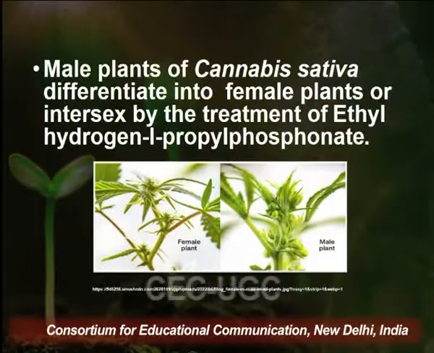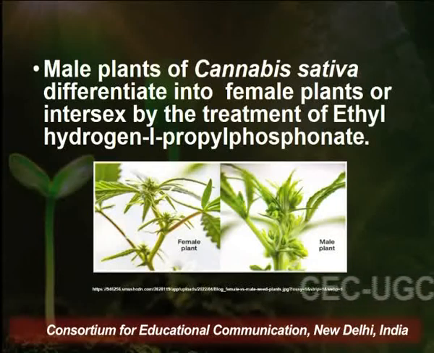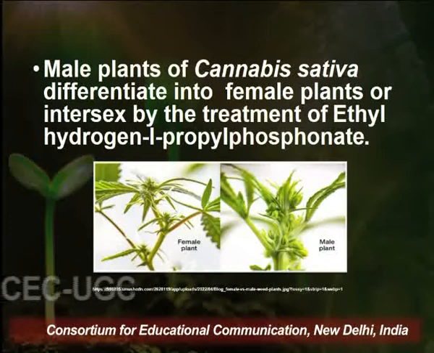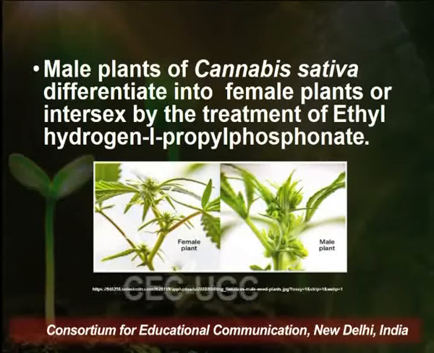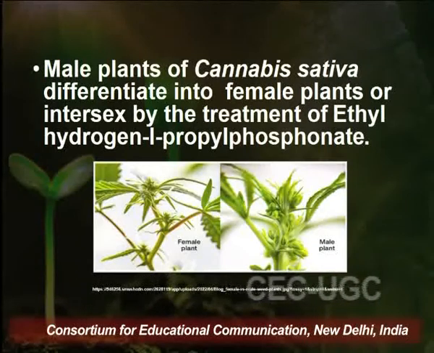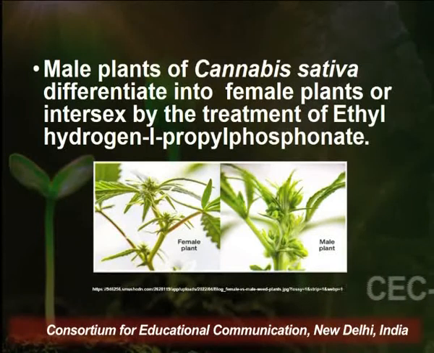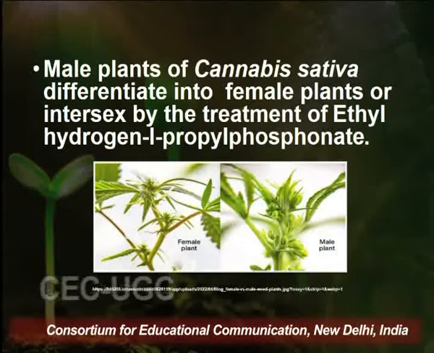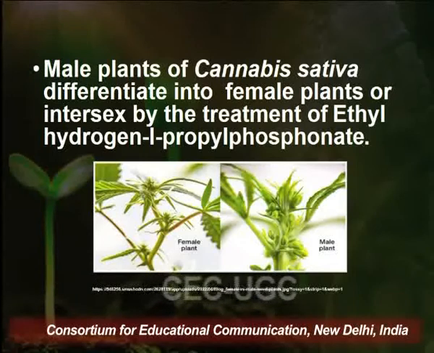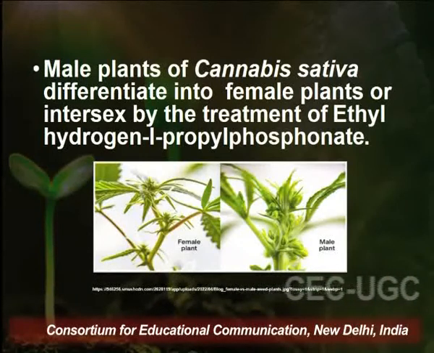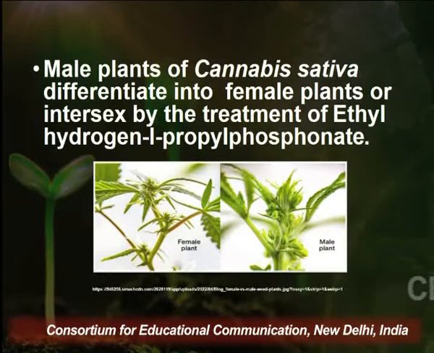On your screens you would find an example of the male plants of hemp, that is Cannabis sativa. Now this differentiates into a female plant or an intersex by the treatment of ethyl hydrogen 1-propyl phosphonate, and one can modulate the type of sex of a plant as it would assume in future.